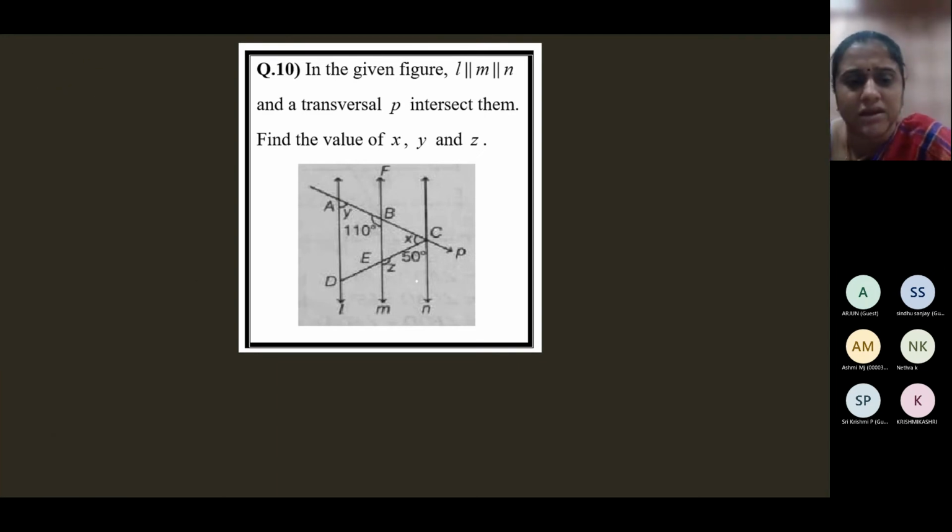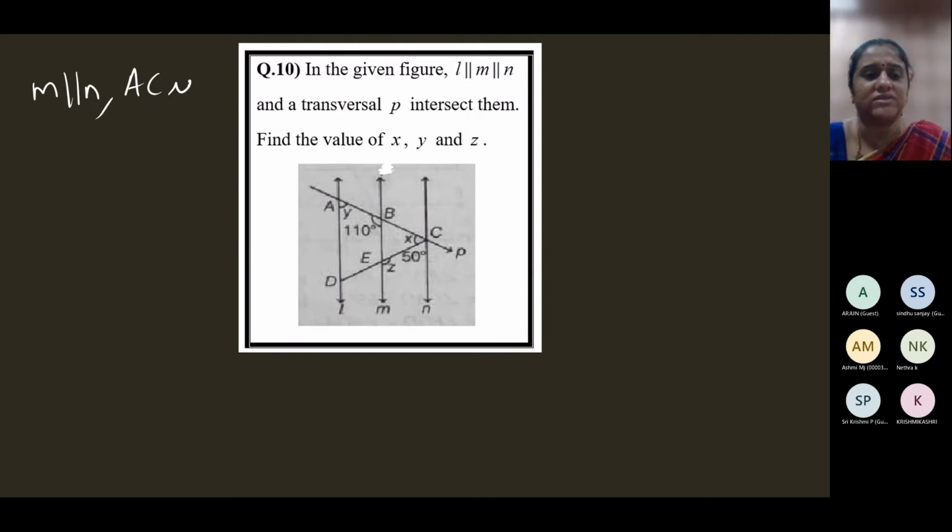This is L, M, N, and this is DC, this is AC. Why is this F marked here? This has no meaning, children. Take it away. All right. So let me say that M is parallel to N and the transversal is AC. AC is the transversal.